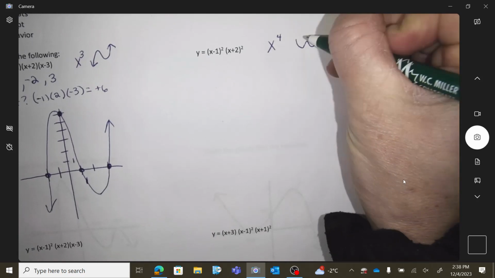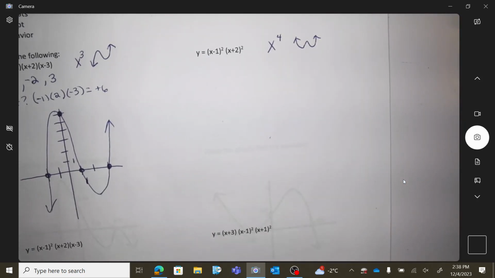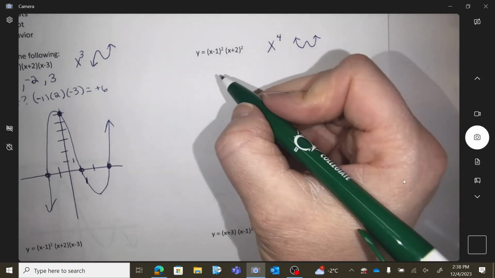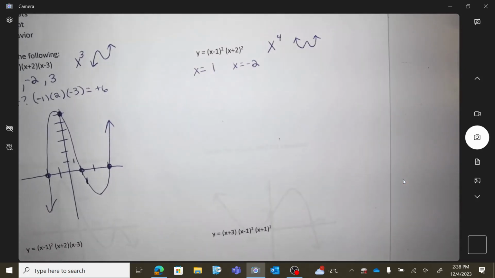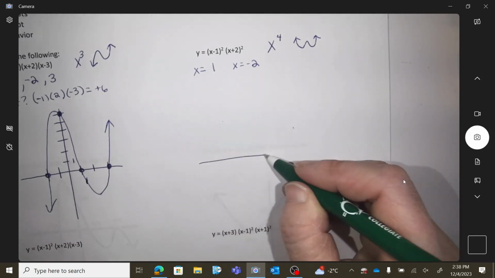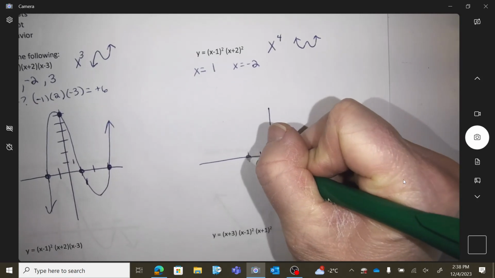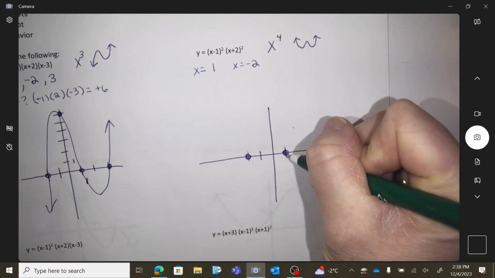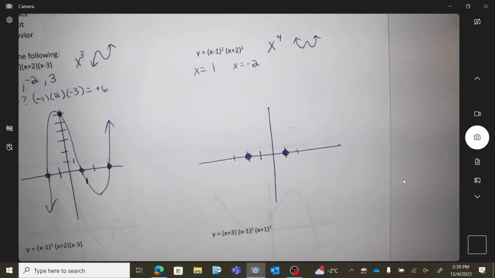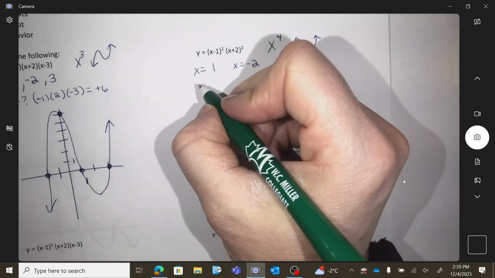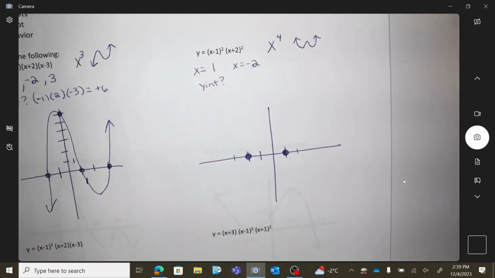So it's going to be a W. Okay, so my x-intercepts are at 1 and -2. Where is the y-intercept?